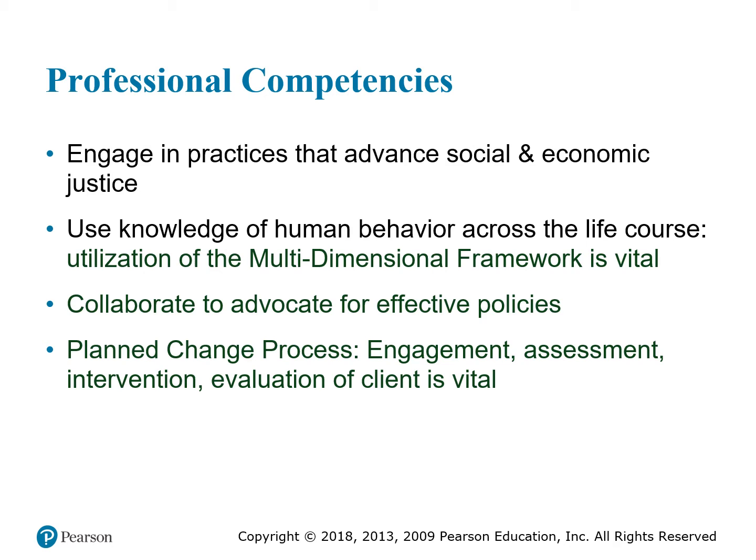Remember, the other thing is to collaborate to advocate for effective policies. That's on a more macro level of social work. It can also be meso. And then remember our planned change process. So there will be engagement, assessment, intervention, and evaluation of the client, which is all vital to helping them get the resources that they need so that we can have this population obtain social justice and economic justice.